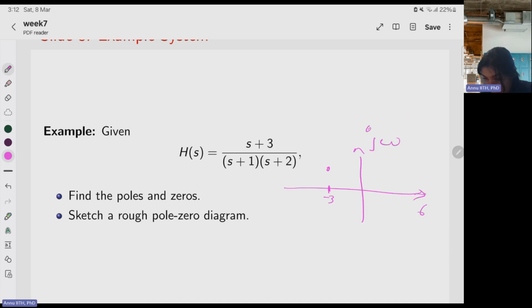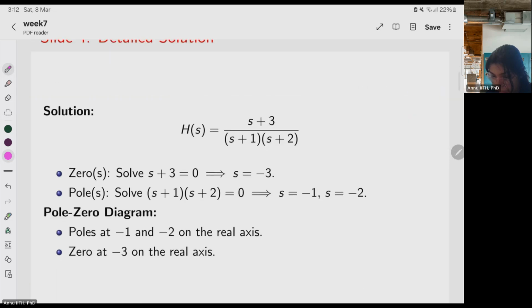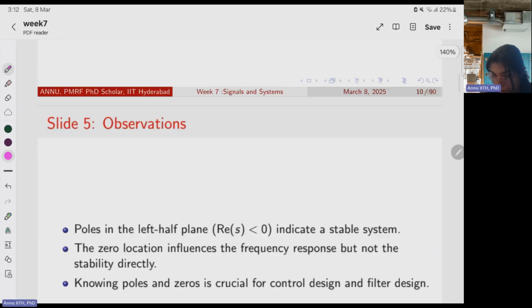And s is equal to minus 1. So this is 0, minus 1, minus 2. I need to plot.